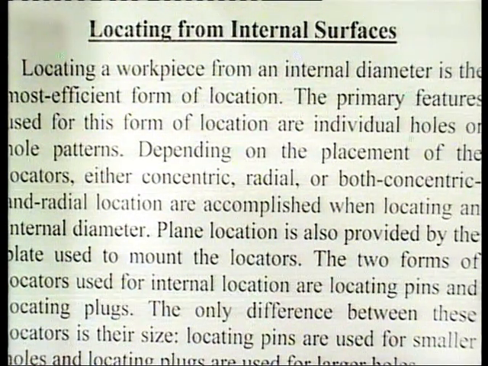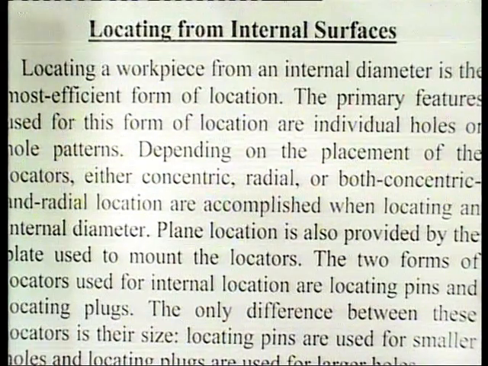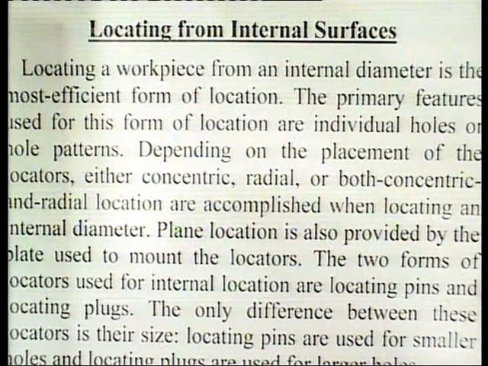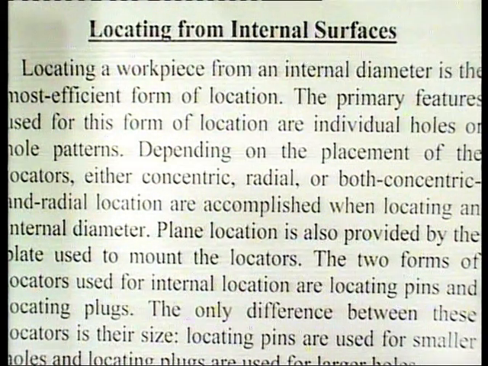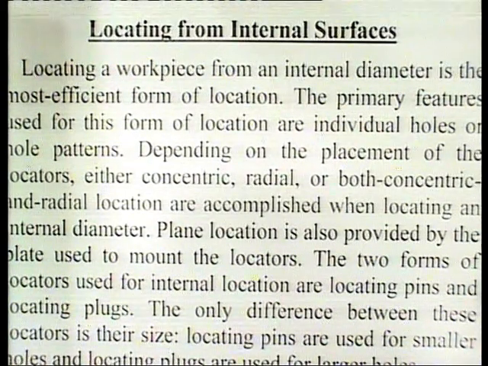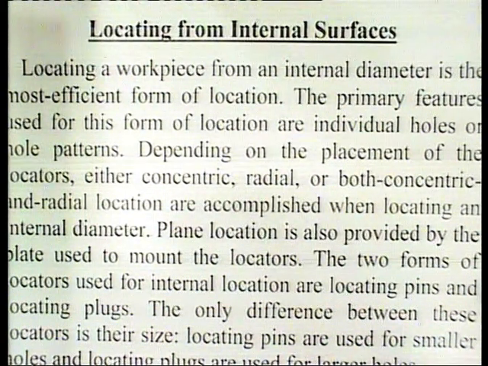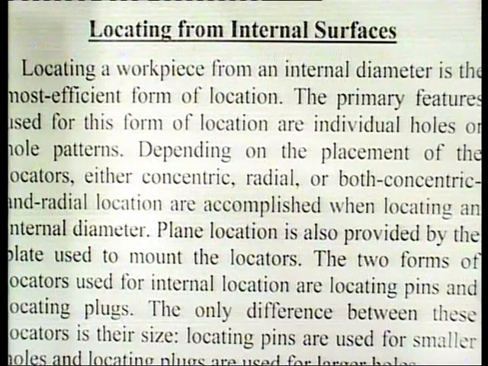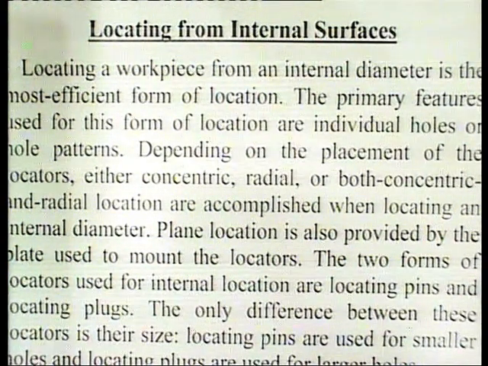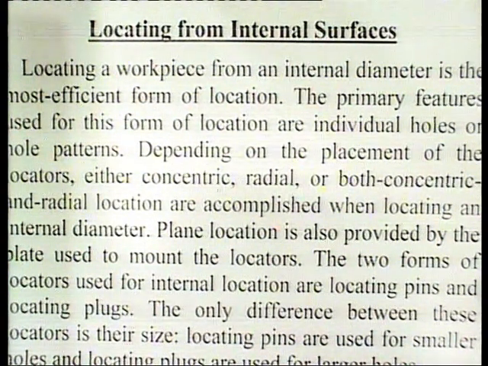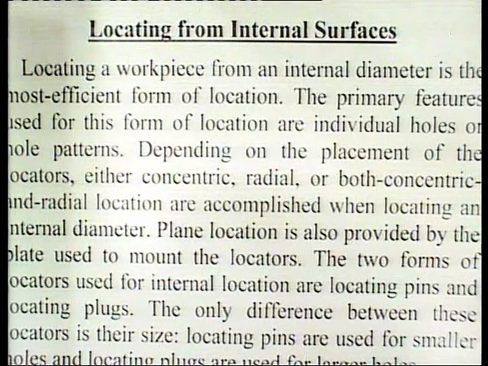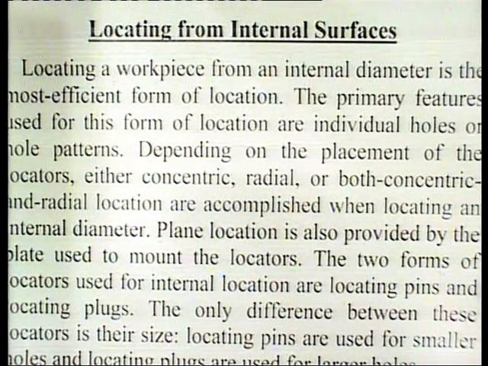Depending on the placement of the locators, either concentric, radial, or both concentric and radial location are accomplished when locating an internal diameter. A plane locator is also provided by the plate used to mount the locators.